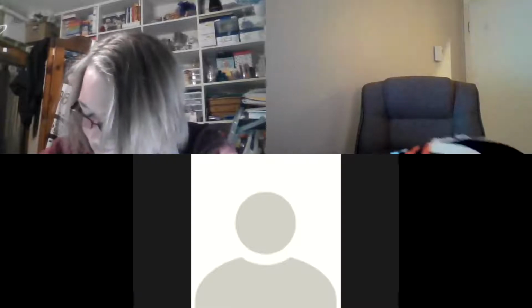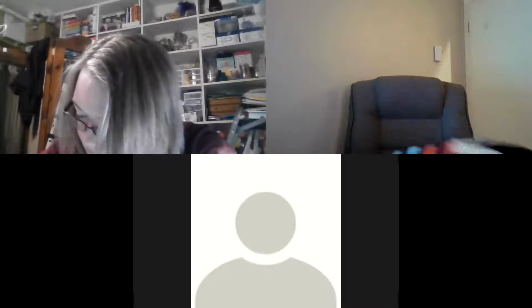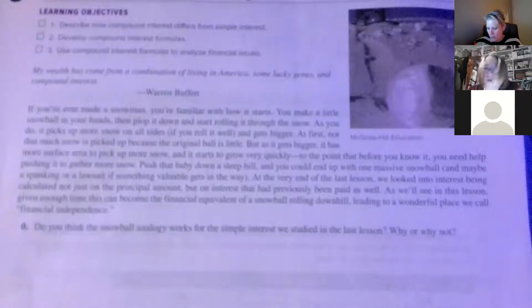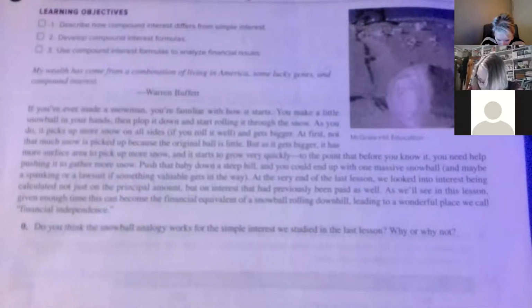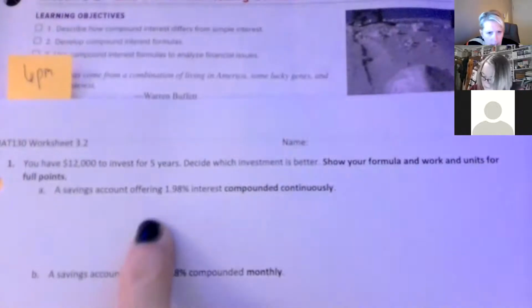I also have a question on number 1. Would I just use the A equals P parentheses 1 plus 1 over X equation? Let me bring it up. On the 3.2 worksheet, the savings account, this first one here.